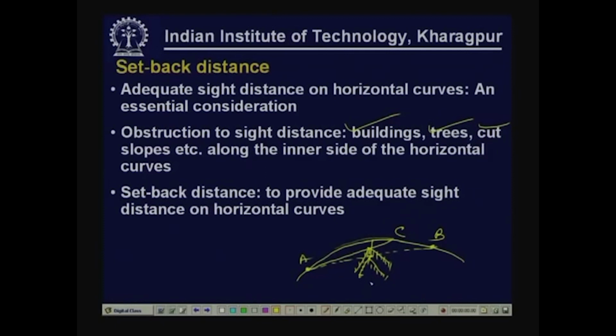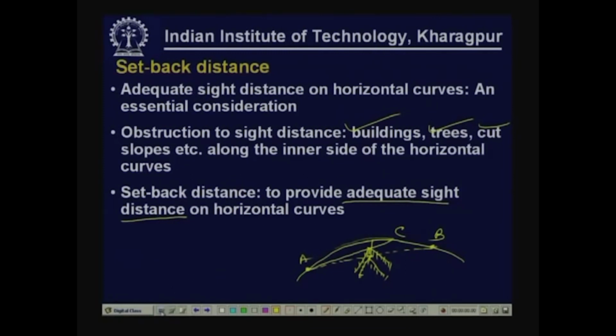So, setback distance is basically the clear distance on the inner side of the curve, which must be available to make sure that adequate sight distance is available on the horizontal curve.